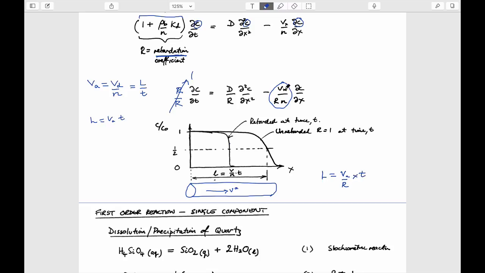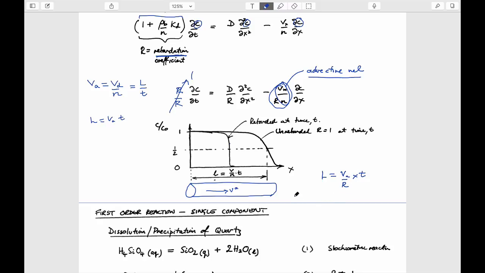So all we're changing is to accommodate the fact that, so this is the Darcy velocity, this term divided by porosity is the advective velocity, and so this is the advective velocity divided by retardation coefficient.